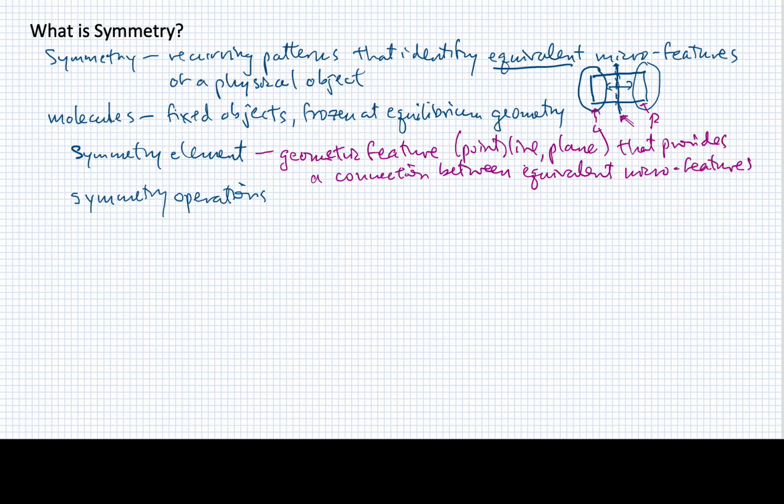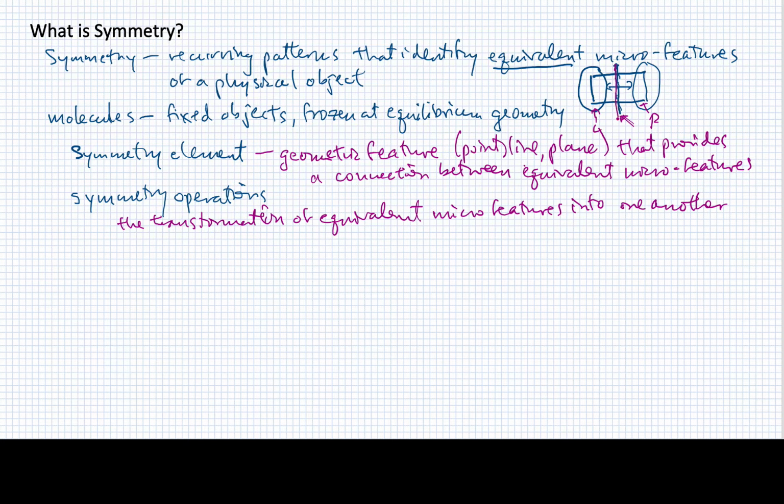All right, what about a symmetry operation? Well, a symmetry operation is the transformation of these equivalent microfeatures into each other. So in the case of our rectangle again, the plane that divides the rectangle in half is the symmetry element.